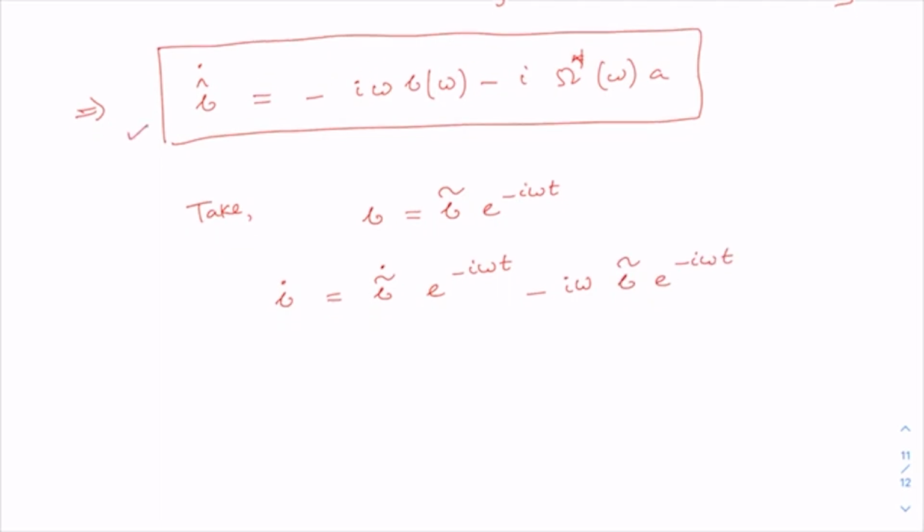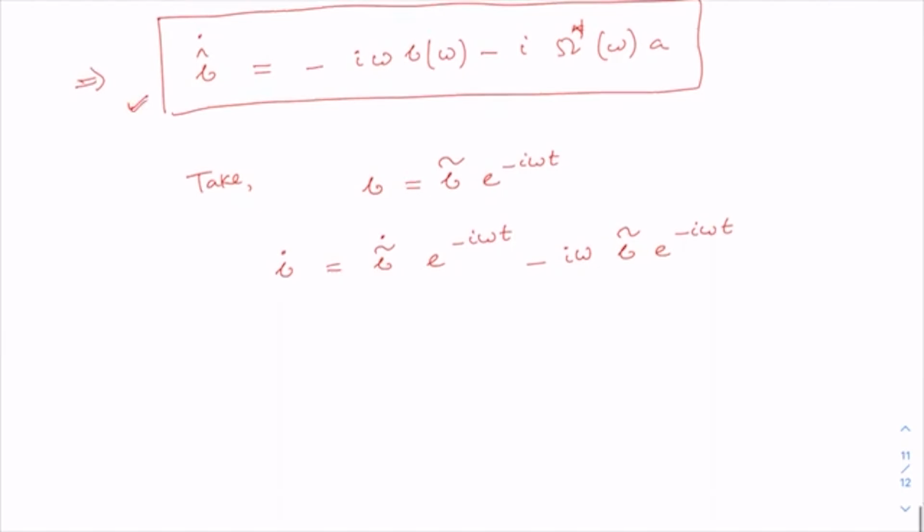Then if I put it in this equation, I get b tilde dot e to the power minus i omega t minus i omega b tilde e to the power minus i omega t on the left, and on the right-hand side I have minus i omega b tilde e to the power minus i omega t minus i omega star of omega a.